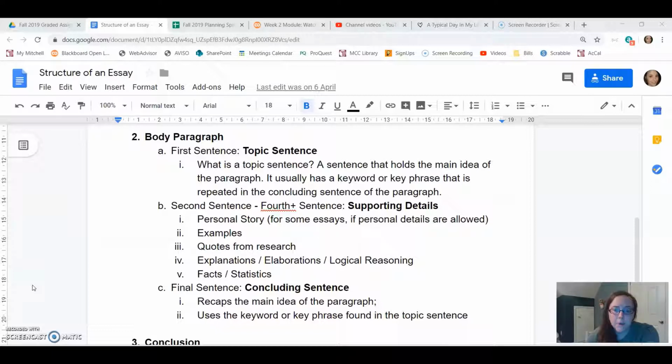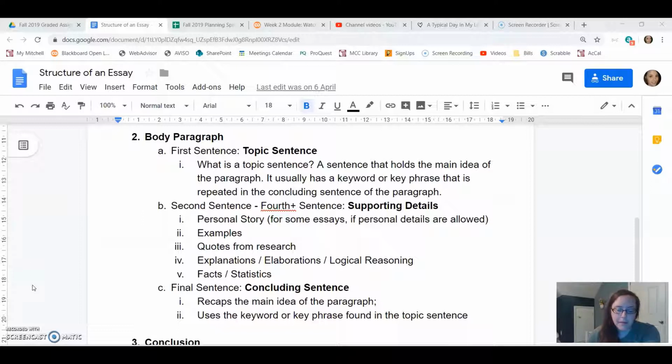And that's really what the supporting details are doing. They are developing your ideas. Explanations, elaborations, logical reasonings. If you are writing an argument, then you're going to be using a lot of these types of supporting details, where you might provide a quote from research as an example, but then you need to talk about it.